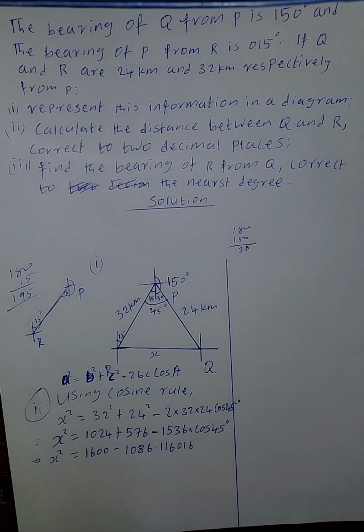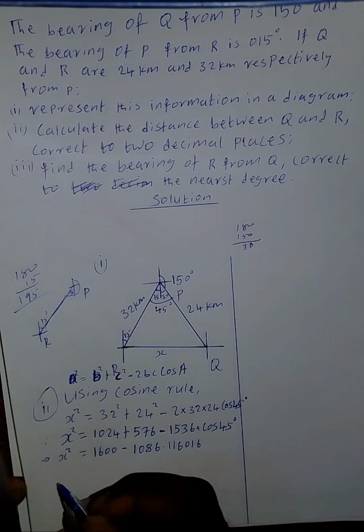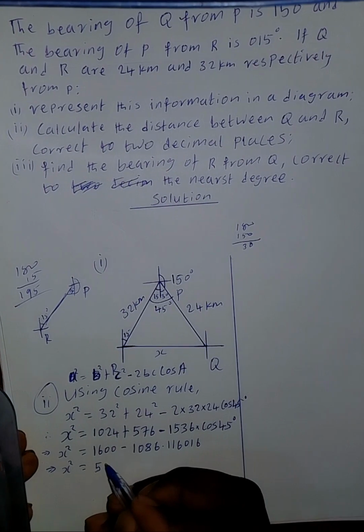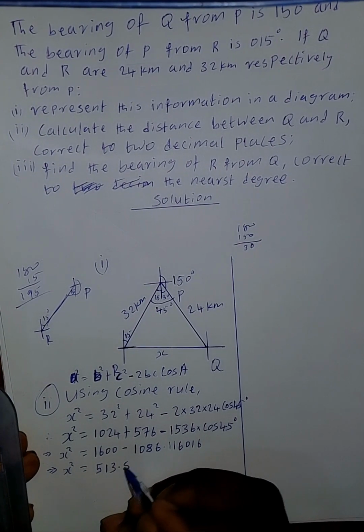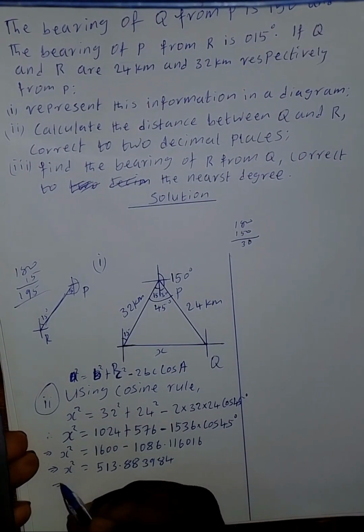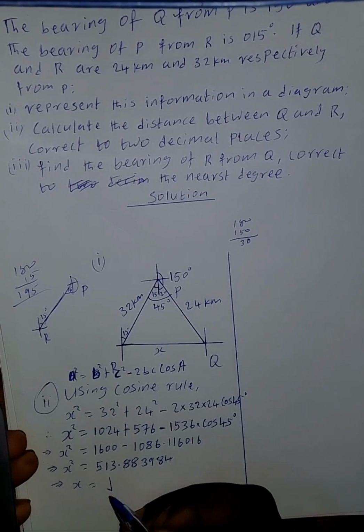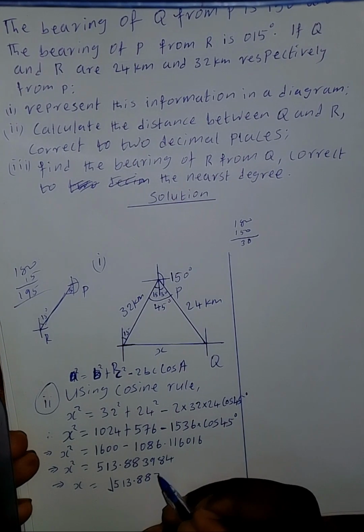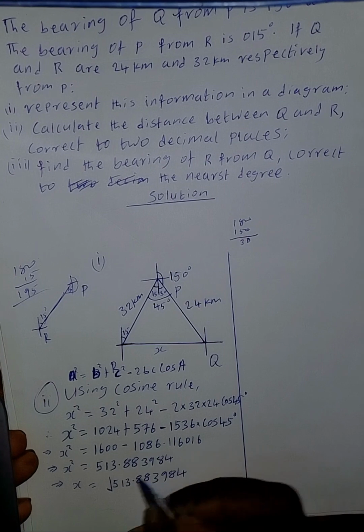When I do the subtraction, 1600 minus 1086.116016, my answer, this means that x squared is equals to 513.883984, and therefore x is equals to square root of 513.883984.